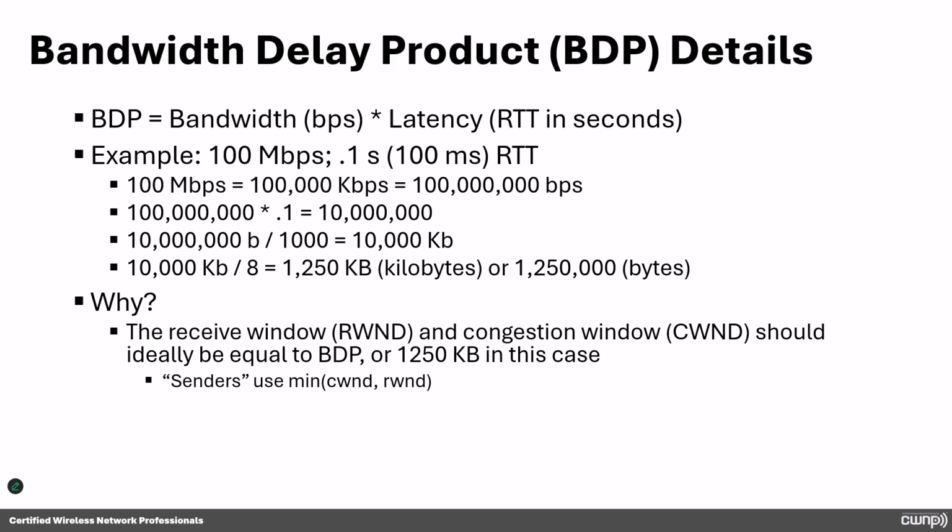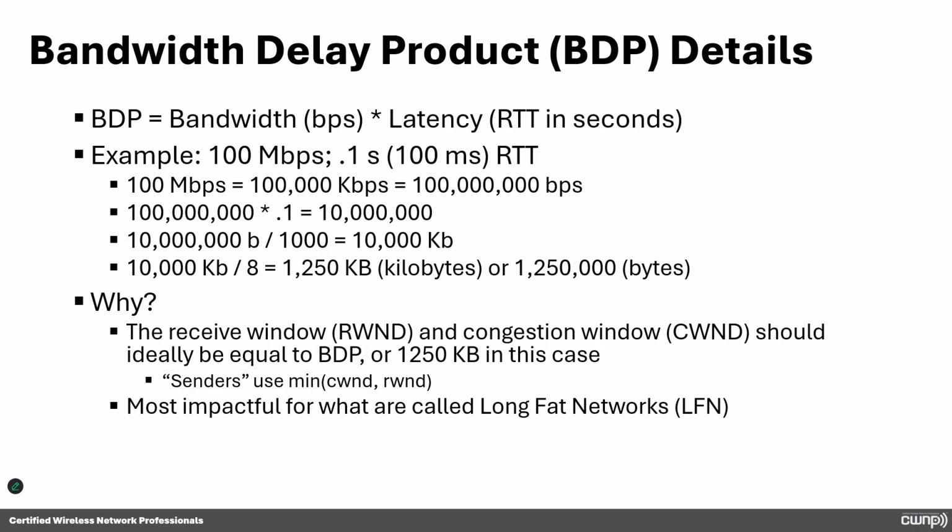When you first establish your TCP connection, you communicate the receive window. Each end device is communicating their receive window. But the CWND is that variable thing that's going to change over time depending on congestion that might be assumed to be happening on the network.